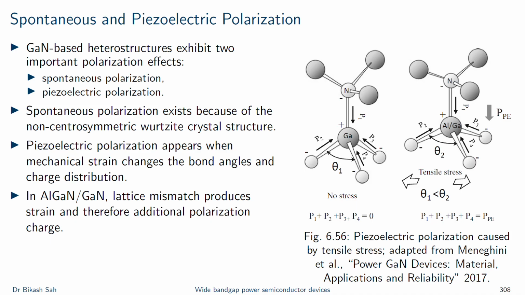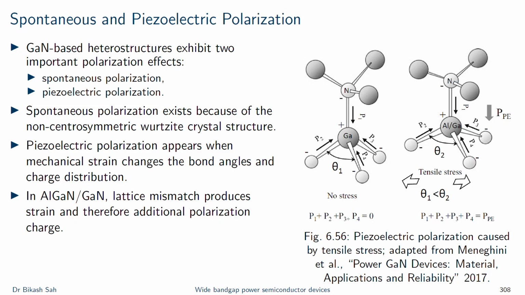You can see in this diagram, which is a mechanical picture, I would say, that when the tetrahedral bonding environment is distorted, a net polarization appears. The total polarization at the interface is the combination of the spontaneous and the piezoelectric contributions.